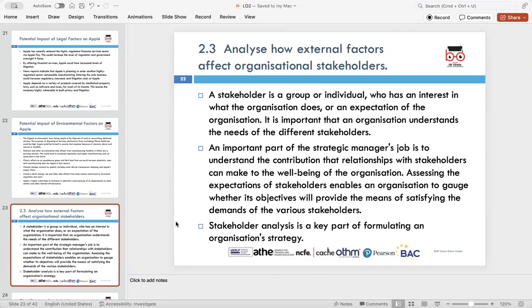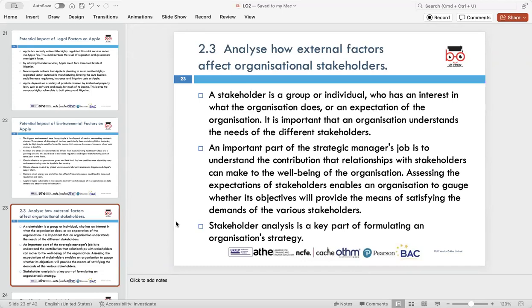Analyze the external factors that affect organizational stakeholders. Individuals or groups that have an interest in the activities of the organization or expectations of the organization are referred to as stakeholders. It is essential for an organization to have a true understanding of the requirements of the many stakeholders present.